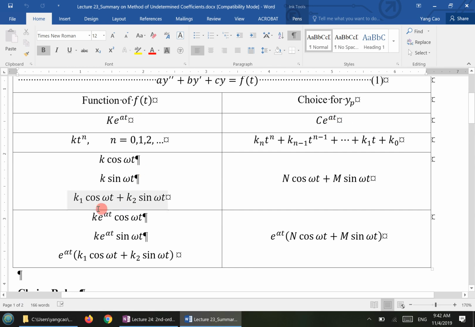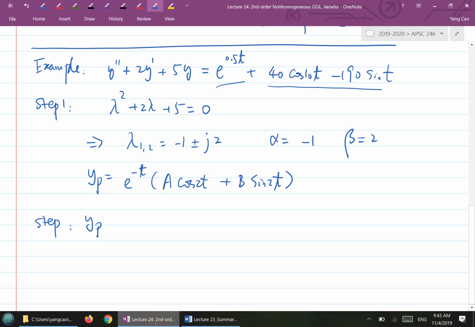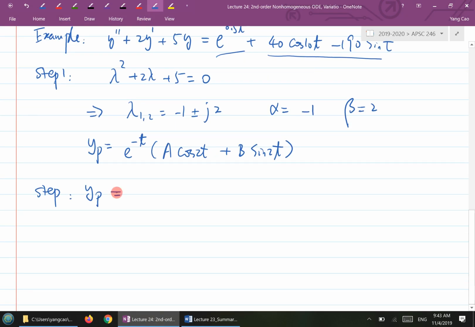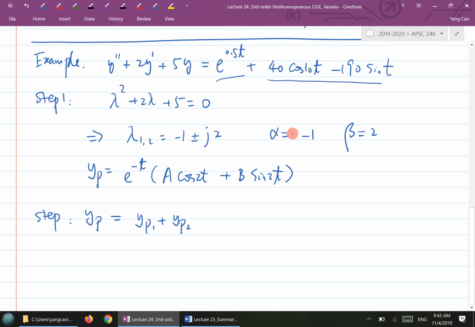When you have a sinusoidal, it doesn't matter whether it's single cosine, single sine, or addition of sine and cosine, then your choice of yp will be this. So technically speaking, this is the part where you use the summation rule. You can consider you have two particular solutions, yp1 and yp2. yp1 will be the one corresponding to the e to the power of 0.5t, and yp2 will correspond to this term here.